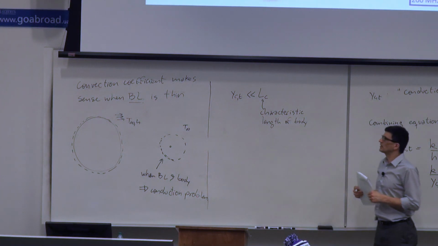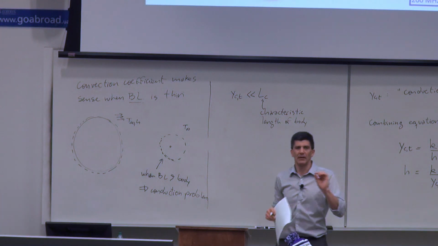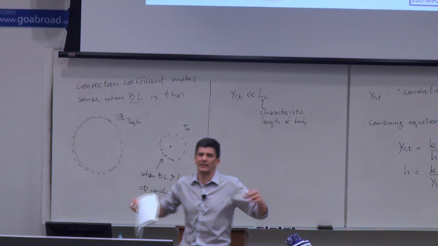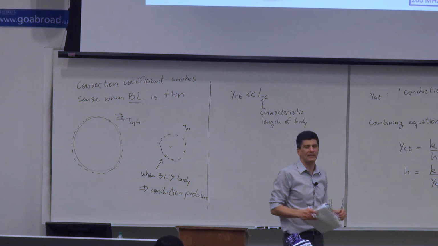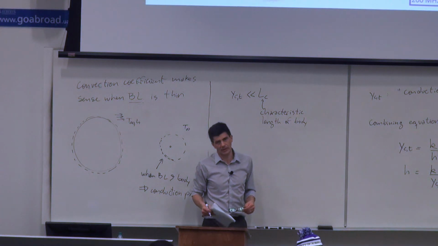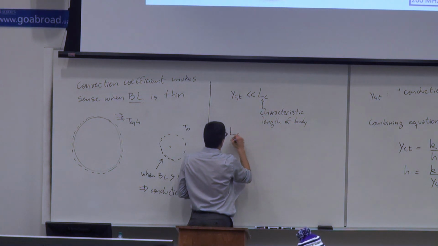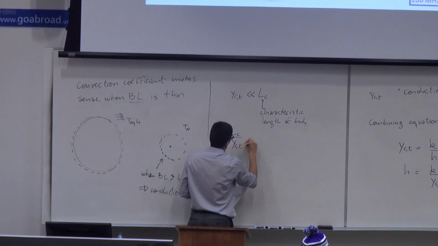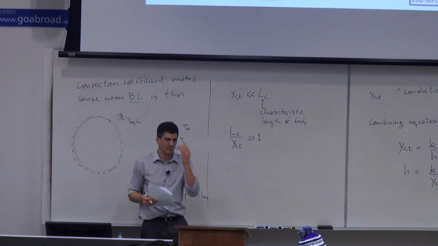We're saying that this YCT, this thickness of insulating blanket, has to be thinner than the size of our body, whatever, length, width, or something that defines the characteristic length. Of course, we're going to see exactly what to use in formulas. If I write it like this, this is one of the criteria.